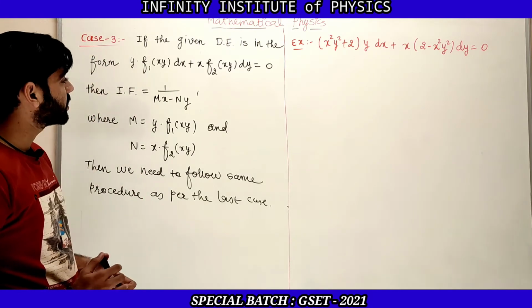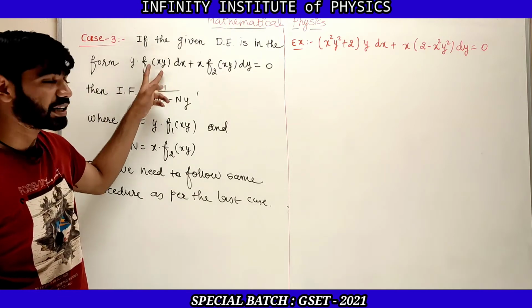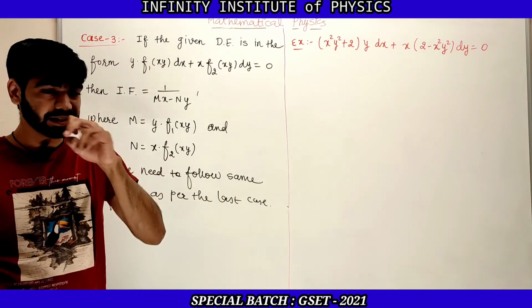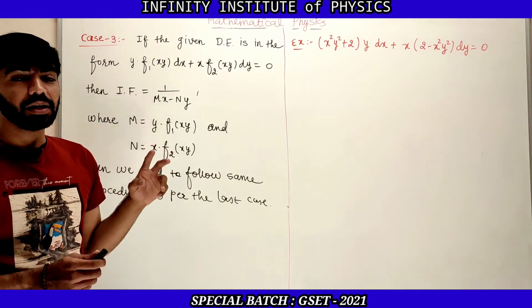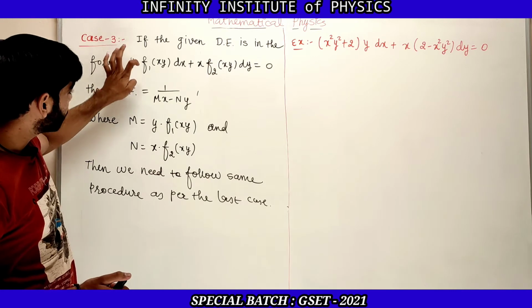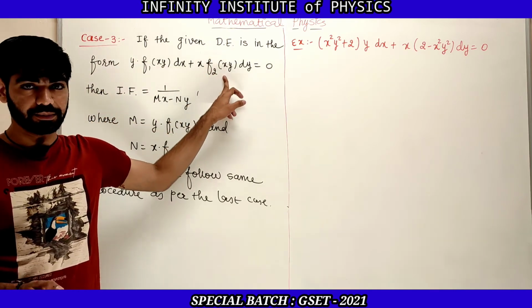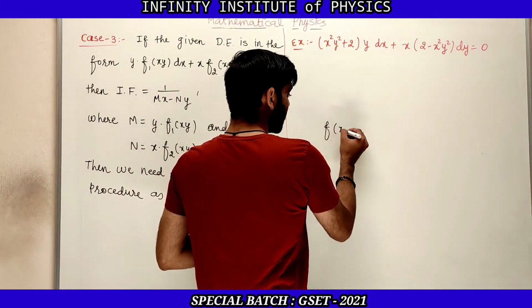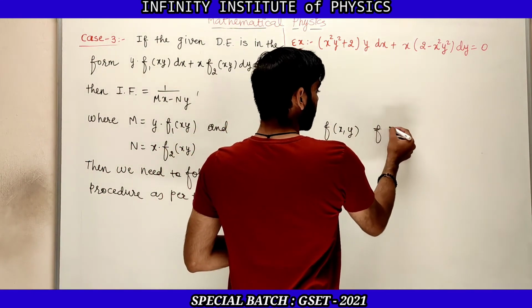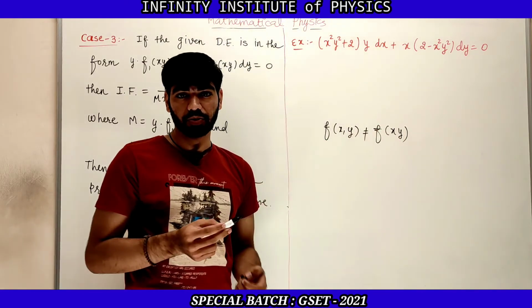So case 3: if the given differential equation is in the form of y f1(xy) dx plus x f2(xy) dy. Here f(x, y) and f(xy), these two are different, they are not the same.